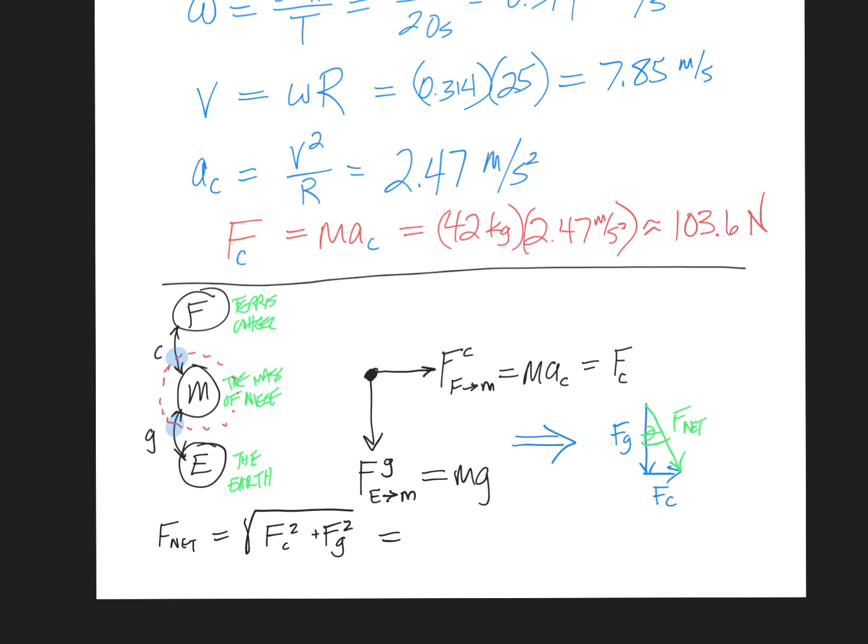So I'm not going to enter the numbers to do that, but FC we already know. FG has to be M times G, so it's going to be 42 times the gravity, 9.8. And so this works out to be about 424.4 newtons.